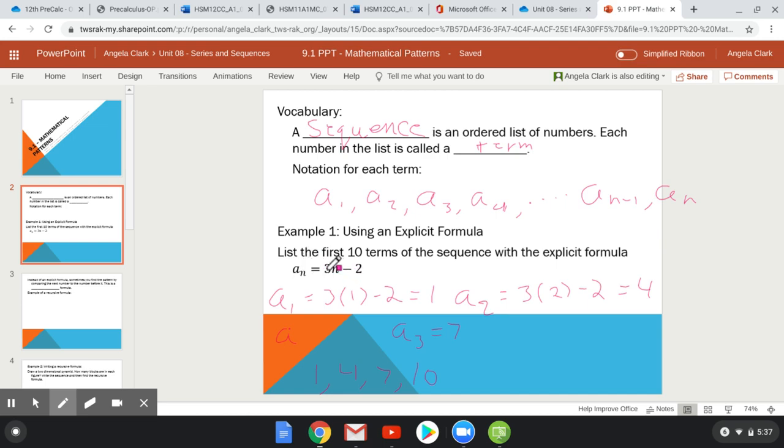A5 is going to be 3 times 5 is 15, minus 2 is 13. A6 is 3 times 6 is 18, minus 2 is 16. A7, 3 times 7 is 21, minus 2 is 19.